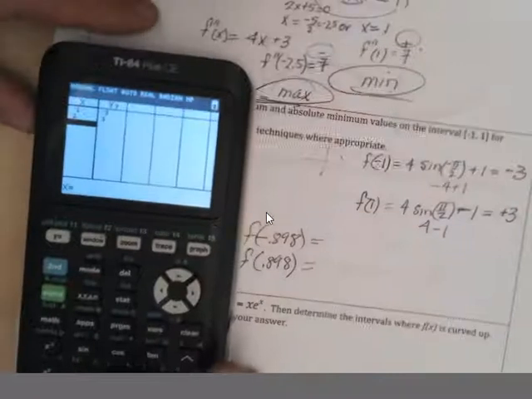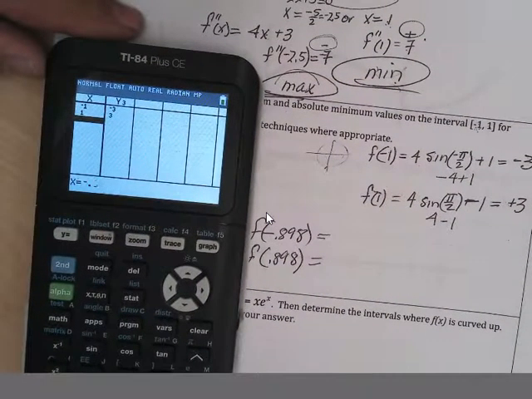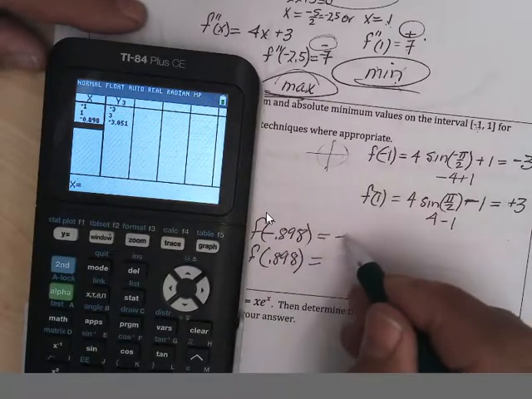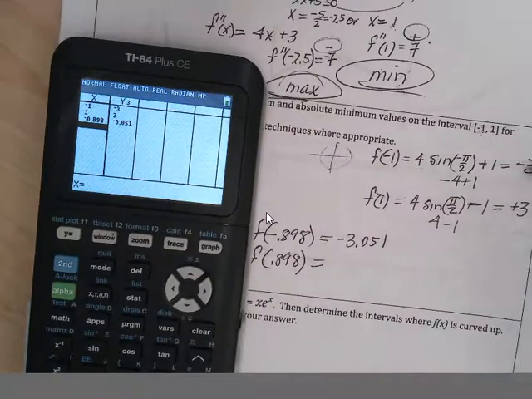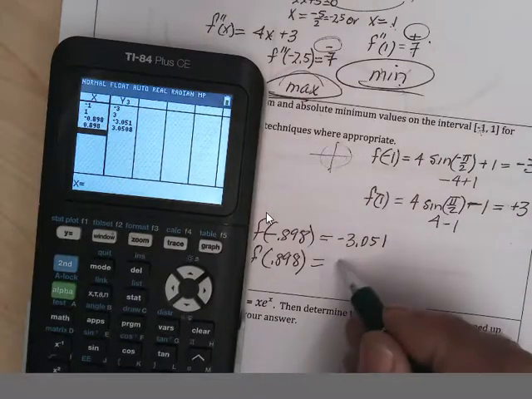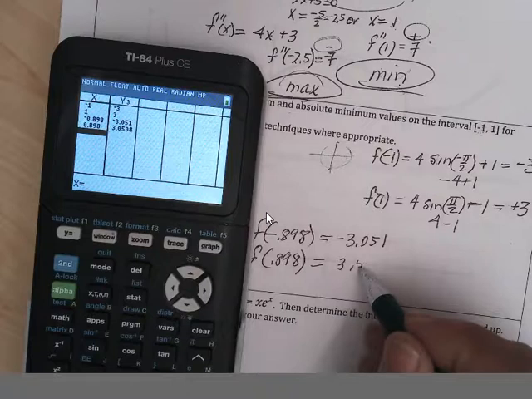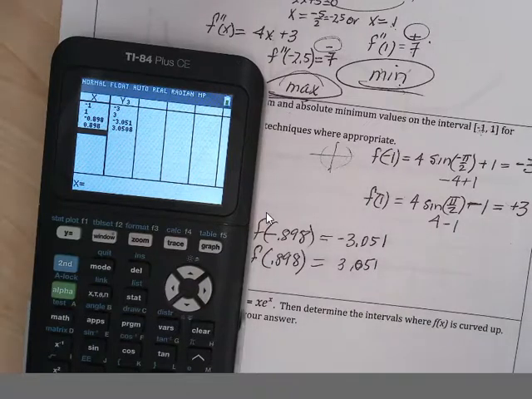Type in negative 0.898, and I get approximately negative 3.051, which is a little lower than that. And if I put in positive 0.898, I get positive 3.051-ish.